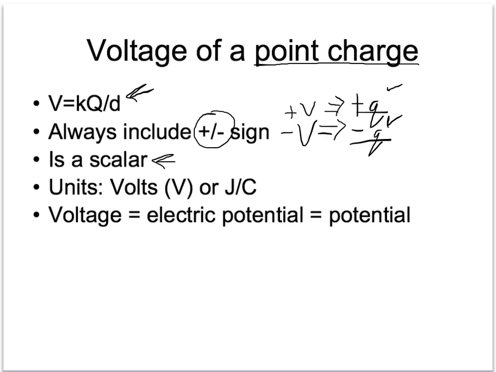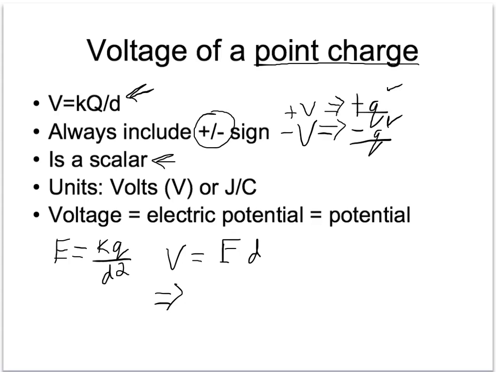Let me show you where that comes from because it really shouldn't be surprising. So electric field of a point charge is K, Q over D squared. We did that the last couple days. And voltage is electric field times distance.